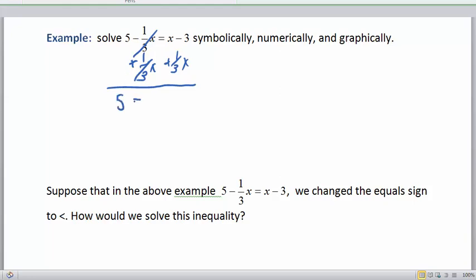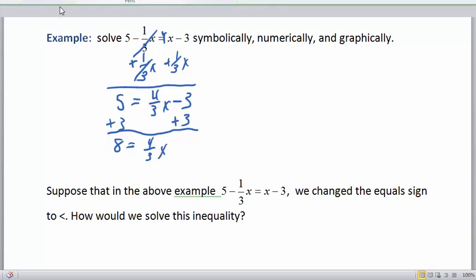Now on the left I have 5, and on the right I have 1x and another 1/3 x, so I really have 4/3 x. And then a -3. So I got all the variables on the right. Now I would move all the constants, right, or the numbers to the left. So I got to get rid of that -3 by adding. So now this is 8 on the left and 4/3 x on the right.